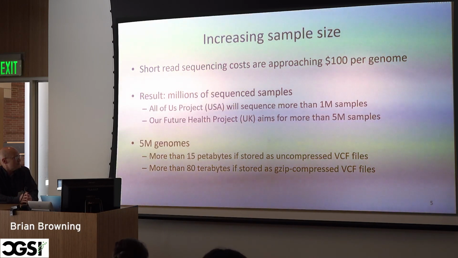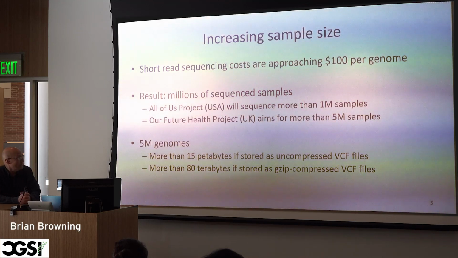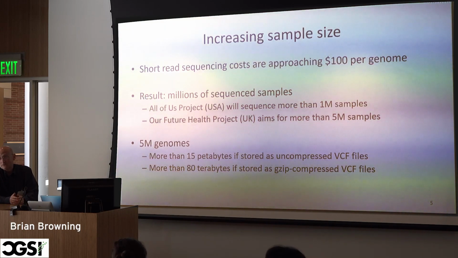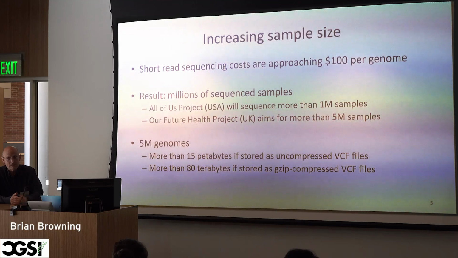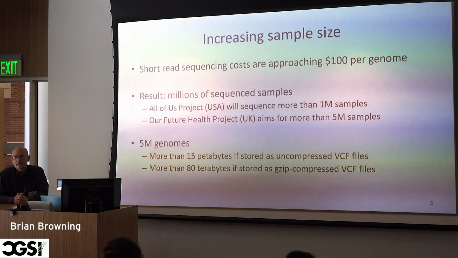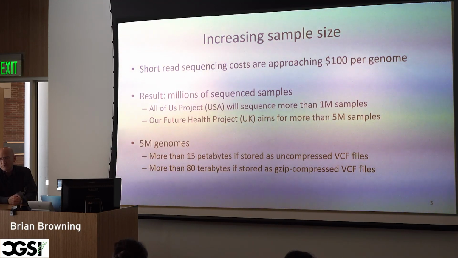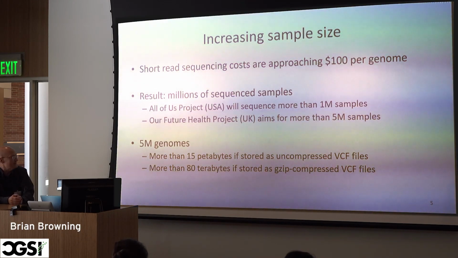5 million genomes, my back of the envelope calculation, if you're uncompressed, in VCF files, you're looking at 15 petabytes, right? So it's kilo, mega, giga, tera, peta. We're often working on the gigabyte scale for maybe large files. Well, now you're jumping a couple up into the peta scale.